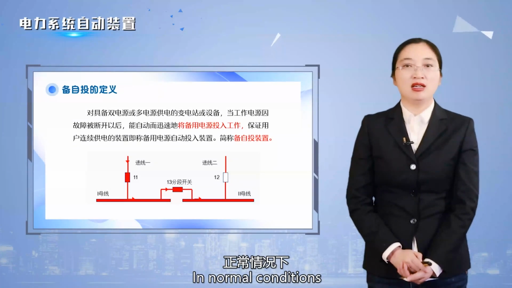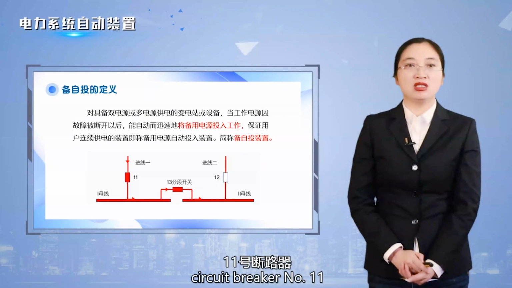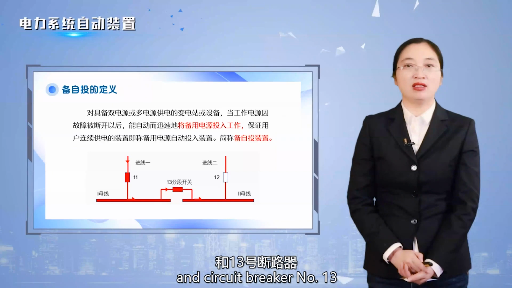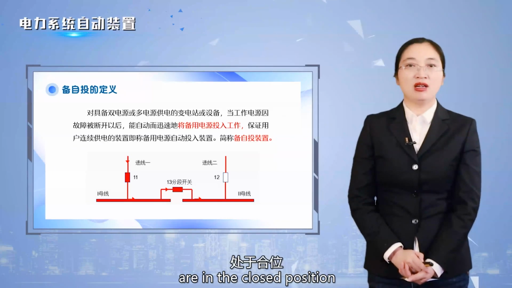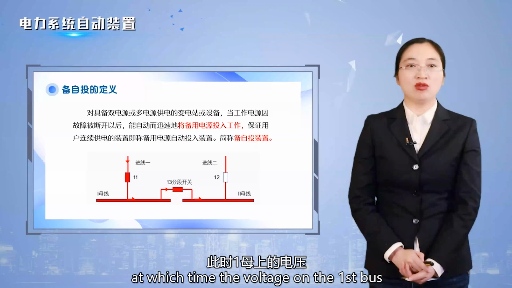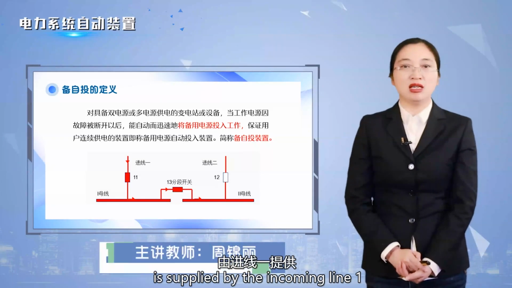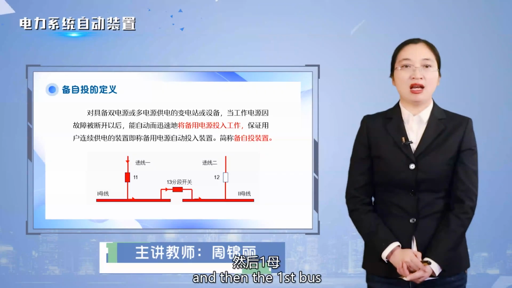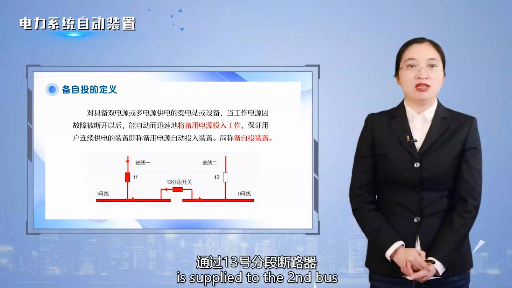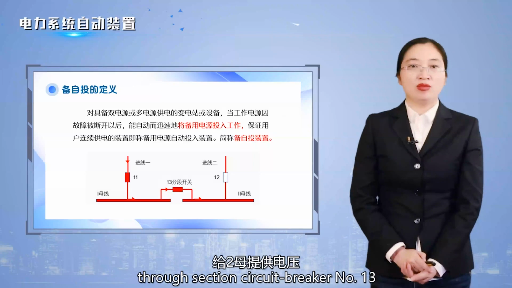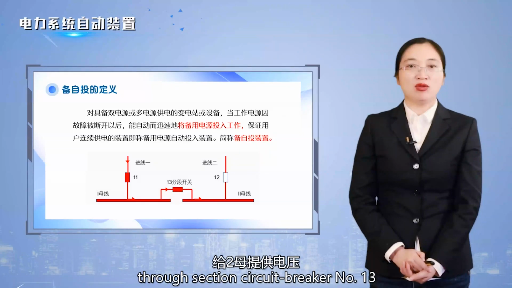In normal conditions, circuit breaker number 11 and circuit breaker number 13 are in the closed position, at which time the voltage on the first bus is supplied by the incoming line 1, and then the first bus supplies the second bus through section circuit breaker number 13.